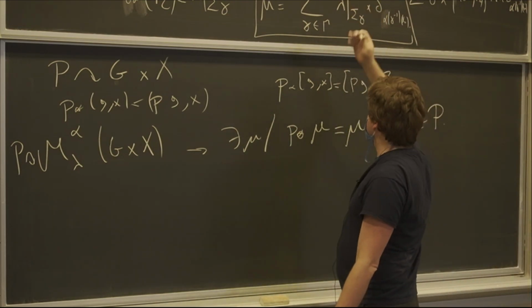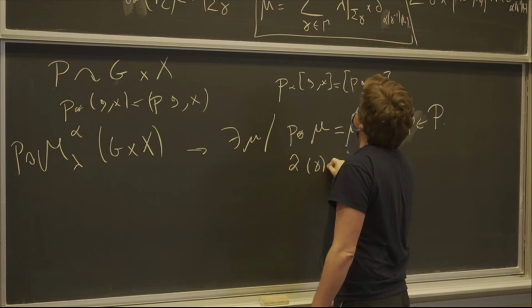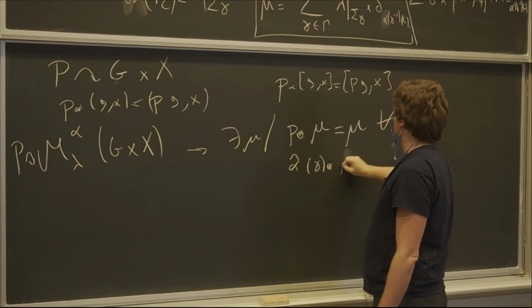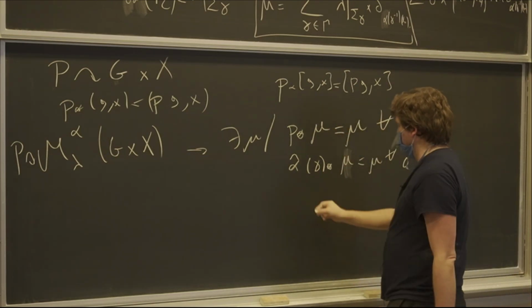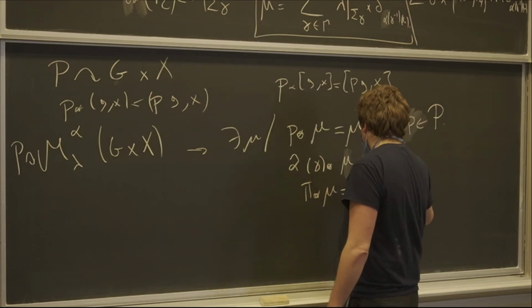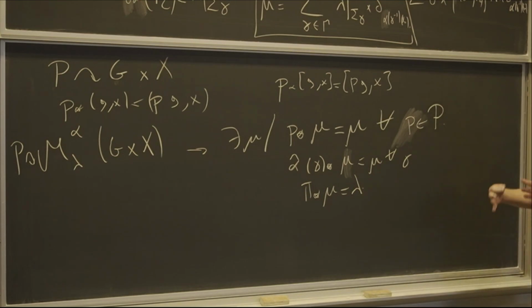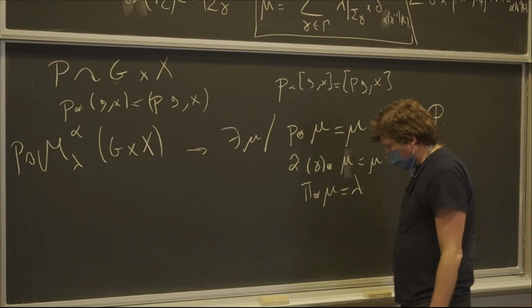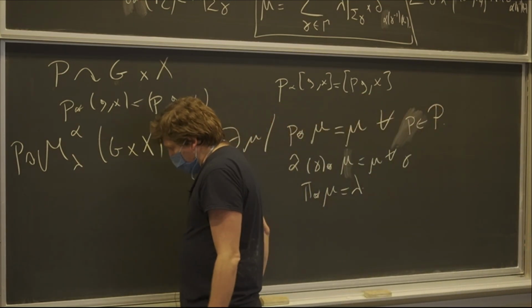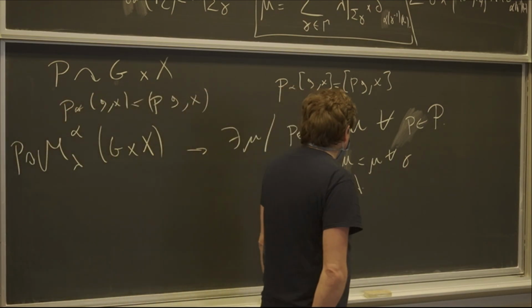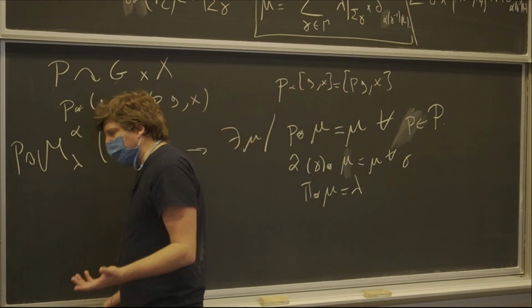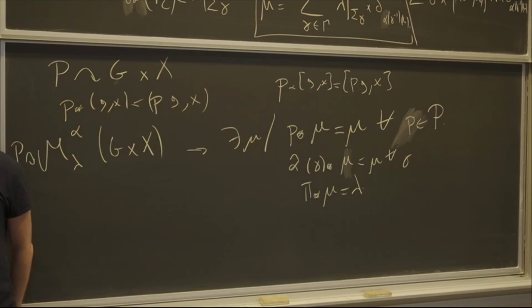And also, by definition, I know that alpha gamma star mu equals to mu for every gamma, just because it belongs to this space, and as well P star mu equals to lambda. So it projects to lambda. Now I can do Rokhlin decomposition theorem, and again, Rokhlin decomposition is in reality for probability measures, but it works as well for Radon measures.